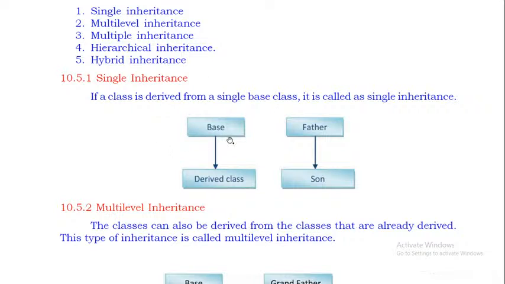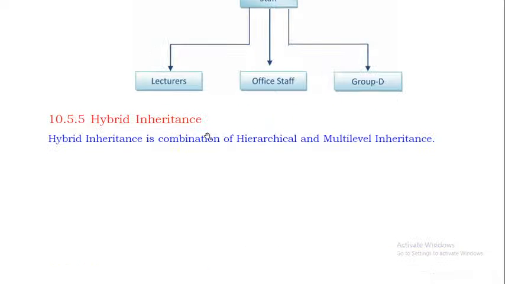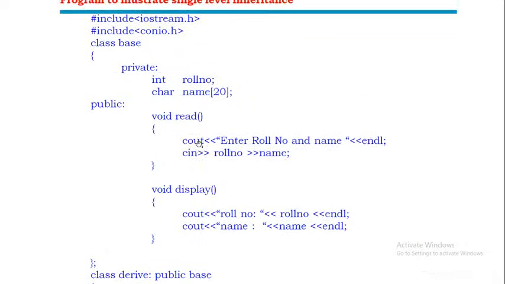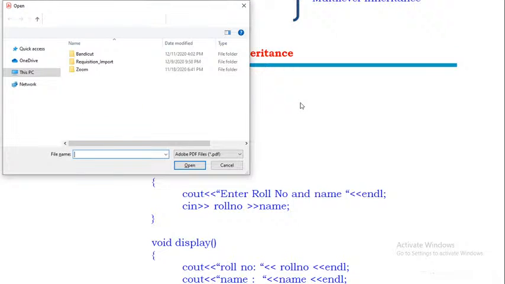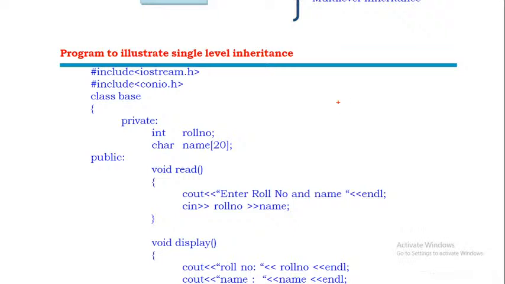Programmatically we are writing and explaining it. Now let us understand this single level inheritance program. In order to implement single level inheritance, what do we require? We require one base class and one derived class.